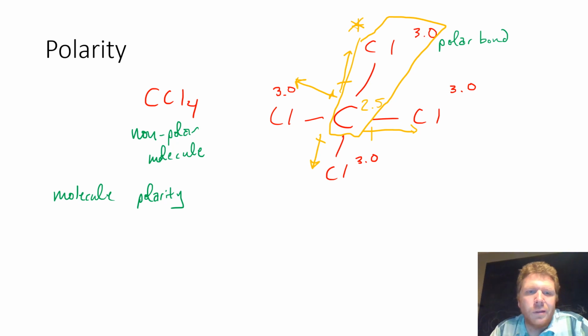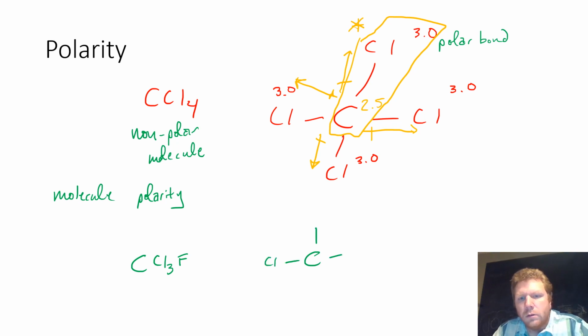Now, if we compare that to something like CCl3F, okay, now we've got 3 carbon chloride bonds, and we've got a fluoride bond. Fluoride has an electronegativity of 4, chlorine 3.0, 3.0, 3.0. Carbon is still 2.5.